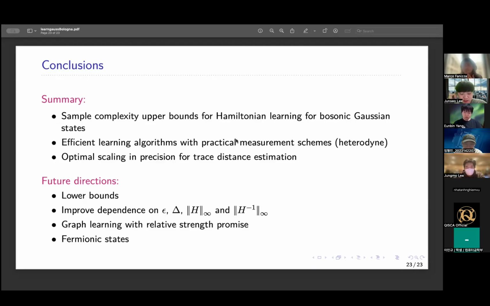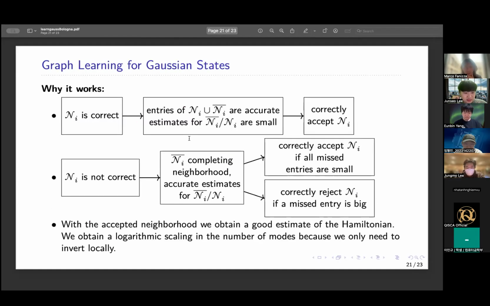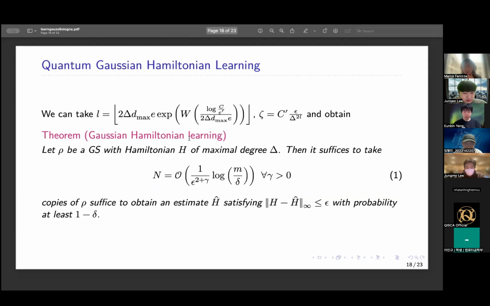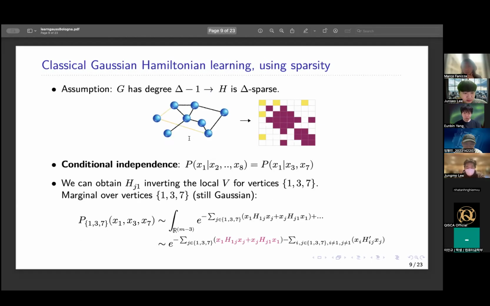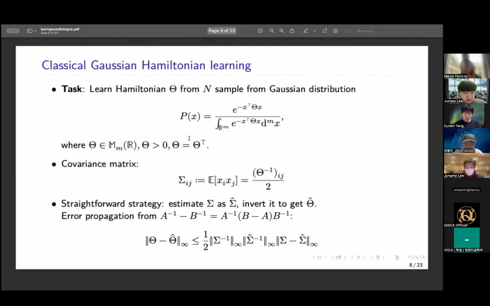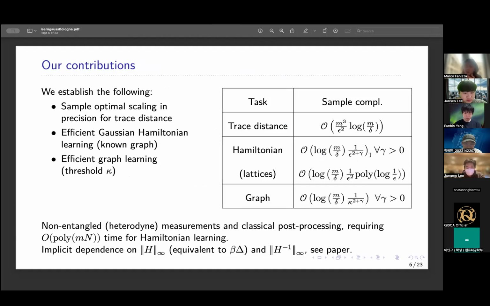So the dependence seems to be on the order of 1 over epsilon squared, right? To be fair, it's 1 over epsilon. This gamma depends on all the other parameters in a complicated way, and goes to zero when epsilon goes to zero, but very slowly, like 1 over log 1 over epsilon.